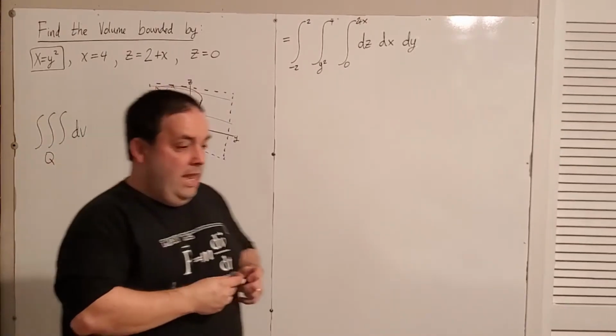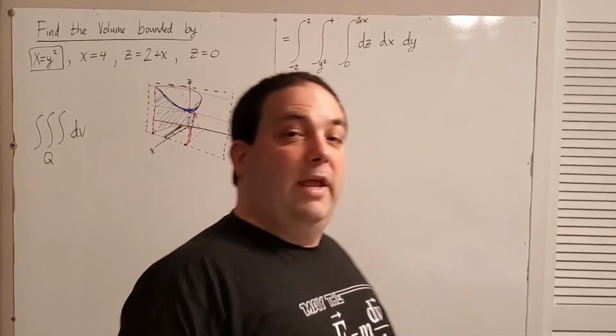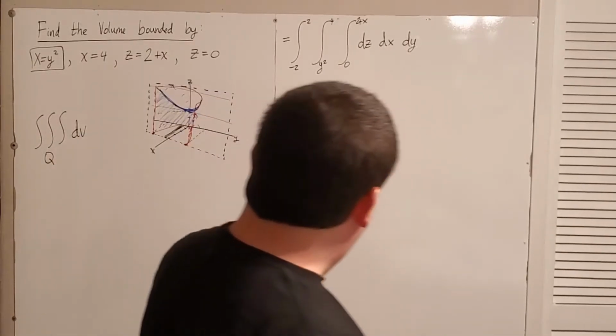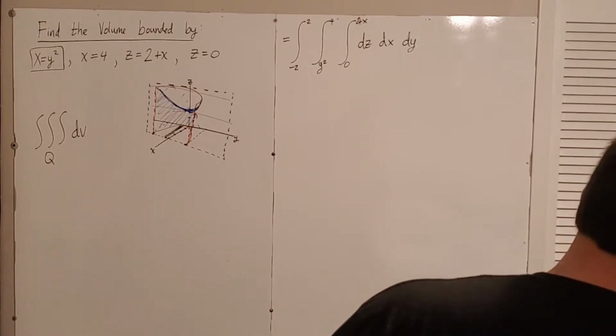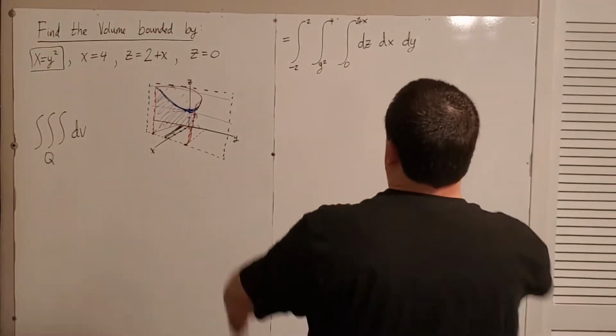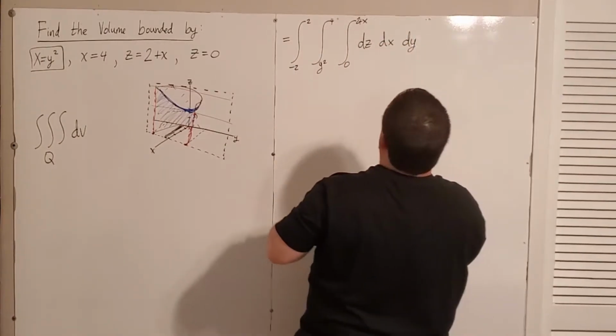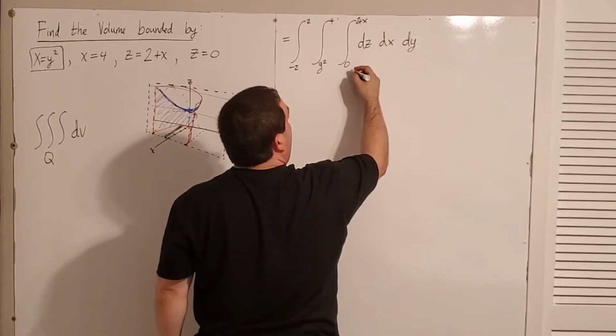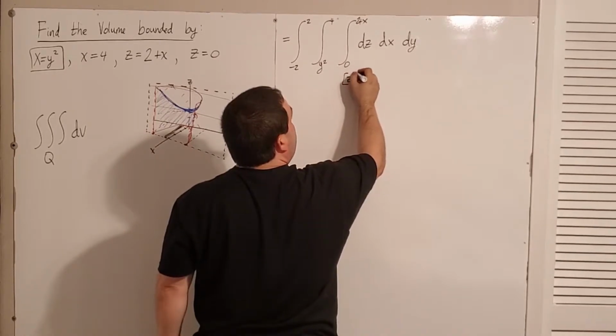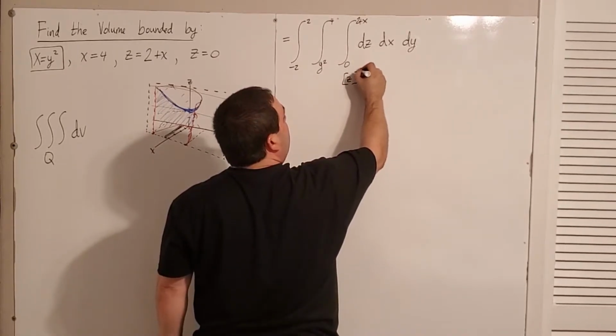Okay, so now we've got our iterated integral, right? So then we can start evaluating that one piece at a time. Let's start with the dz portion, right? This portion right here is just going to be z evaluated from 0 to 2 plus x.